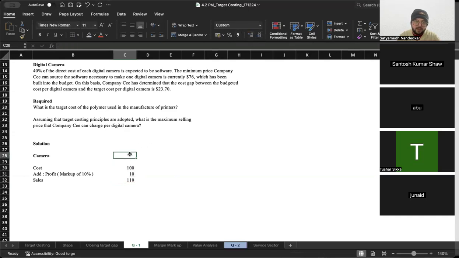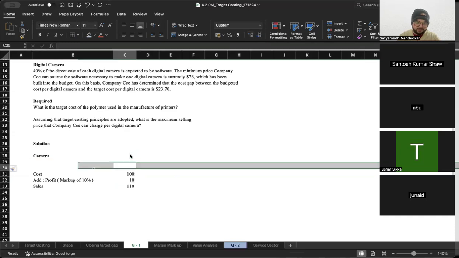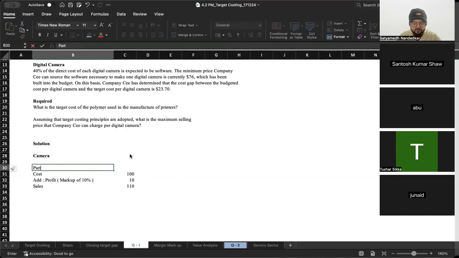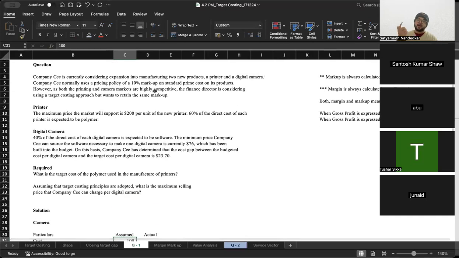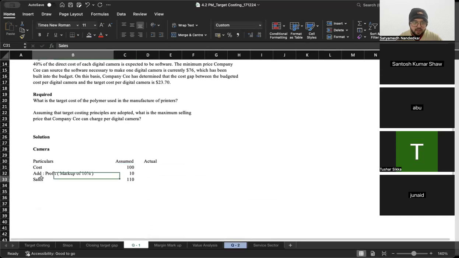Okay, these are my assumed numbers. So on a cost of 100, the markup is 10. Markup is always calculated as a percentage of cost. Okay, the selling price becomes 110.